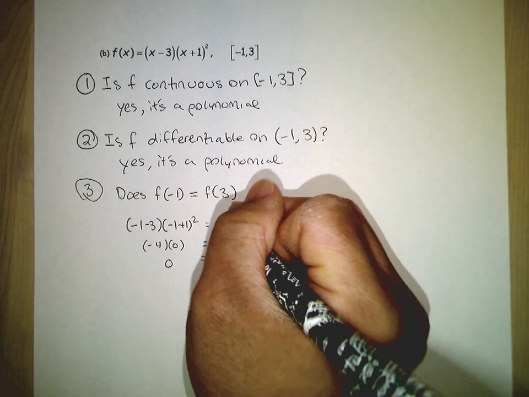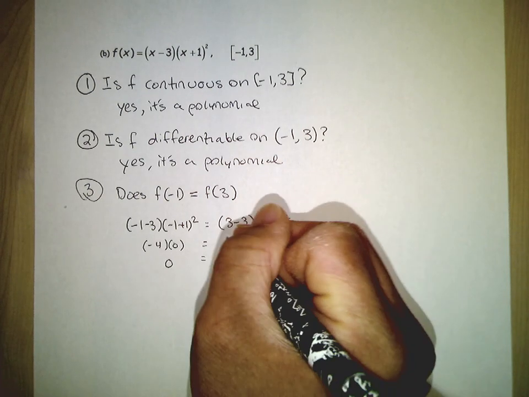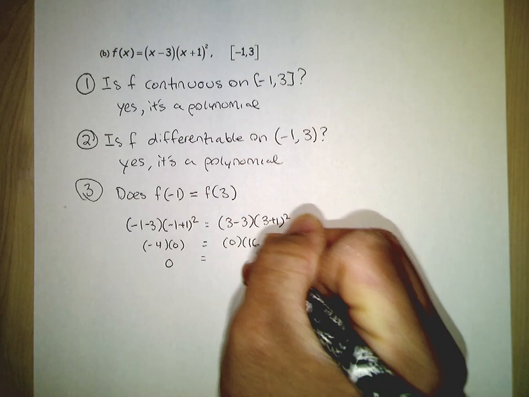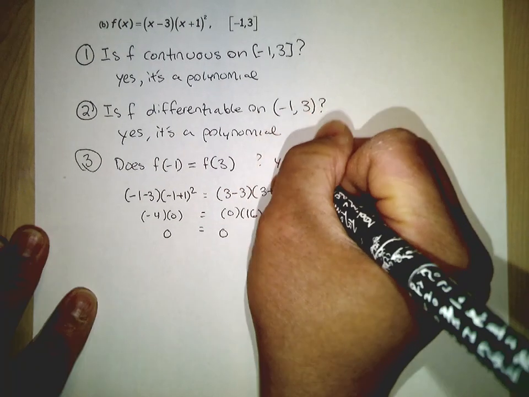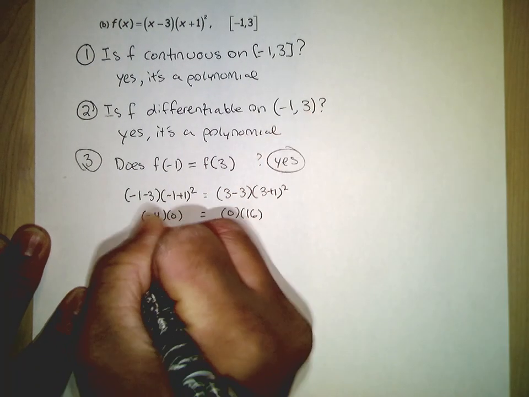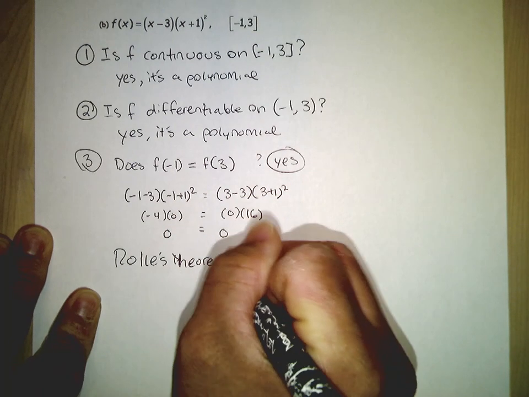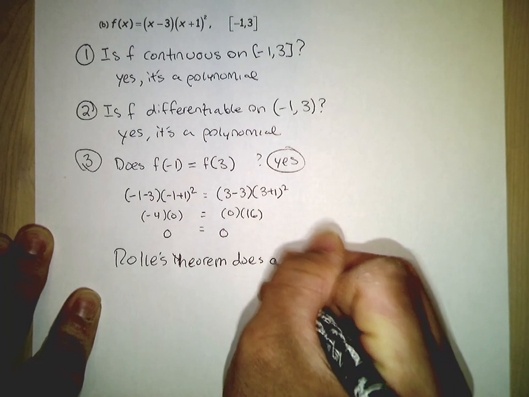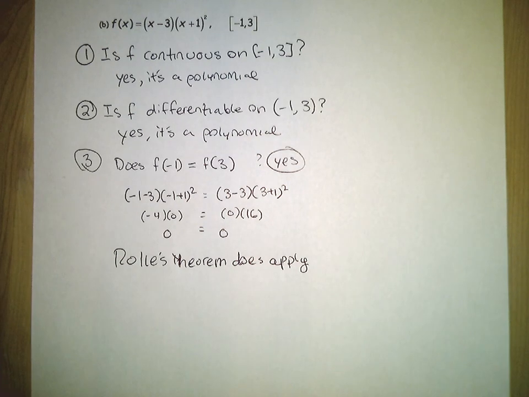And f of 3 is 3 minus 3 times 3 plus 1 squared, 0 times 16, 0. So yes, these are equal. So Rolle's theorem does apply. Please keep in mind that we were checking to see if Rolle's theorem applies.